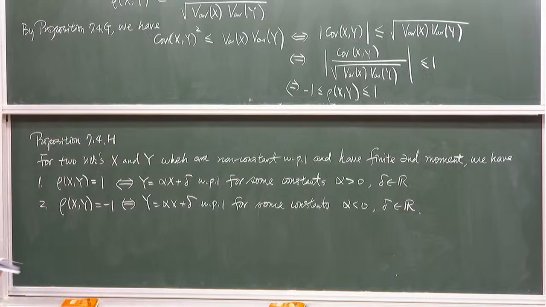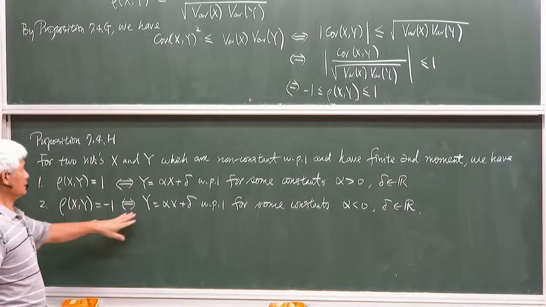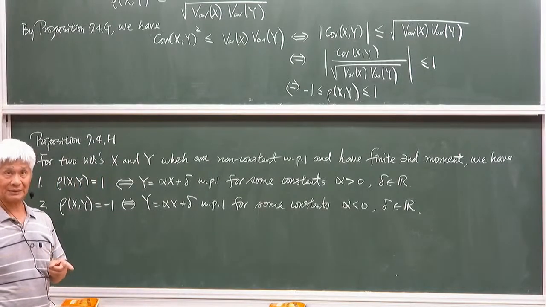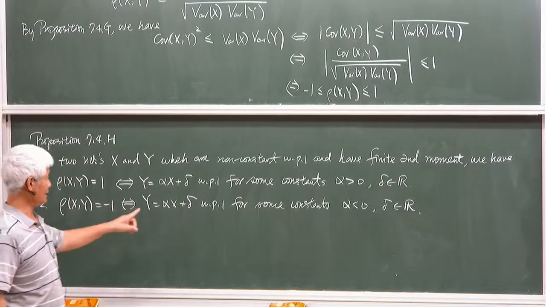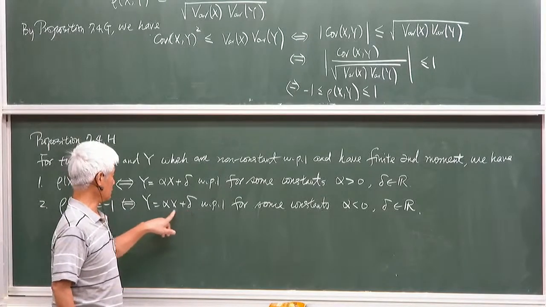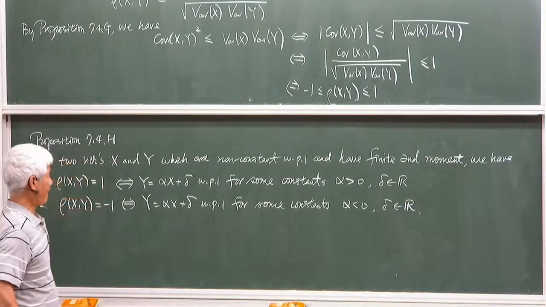So if the correlation coefficient is equal to -1, then Y and X are negatively related linearly with probability 1.